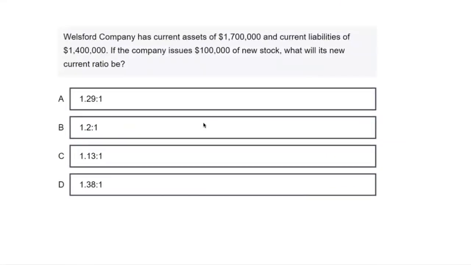What will its new current ratio be? So ngayon, current assets divided by current liabilities natin, 1.7 divided by 1.4. Pag nag-issue tayo ng 100,000 na new na stock, anong affected? Debit cash, credit common stock. Tataas ba yung ating current assets? Yes, kasi may cash.